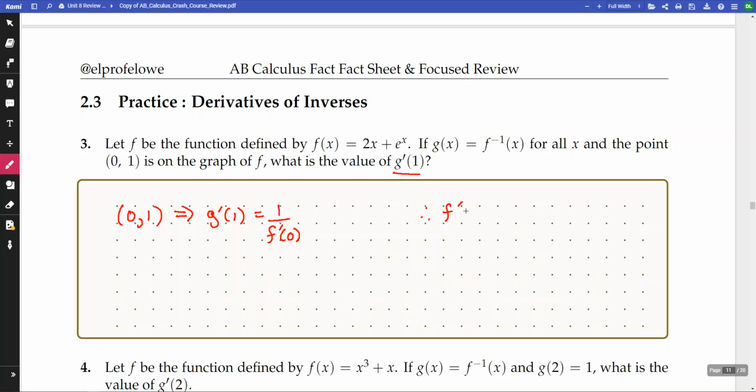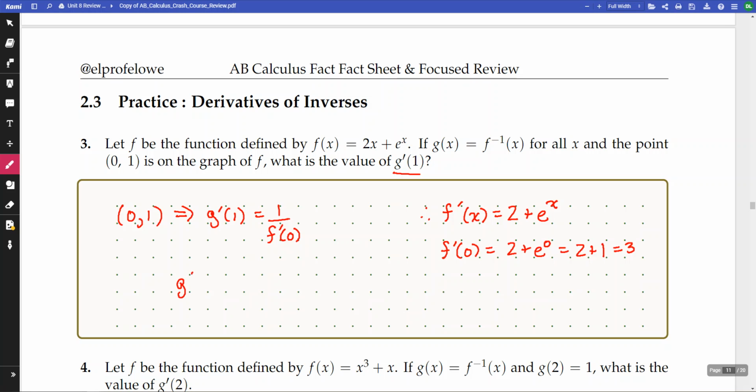So f prime of x is going to be 2 plus e to the x, right? The derivative of the 2x, the derivative of e to the x. And f prime of 0 is going to be 2 plus e to the 0, which is 2 plus 1, which is 3.